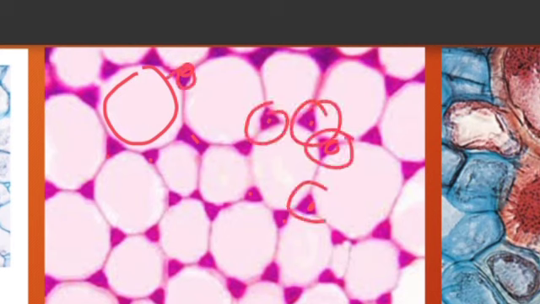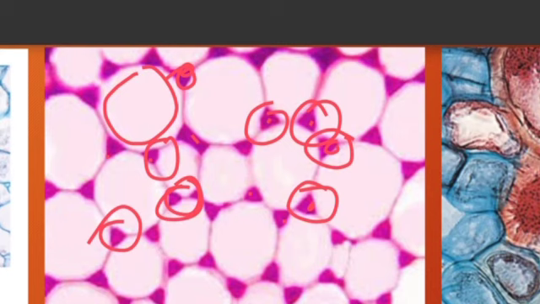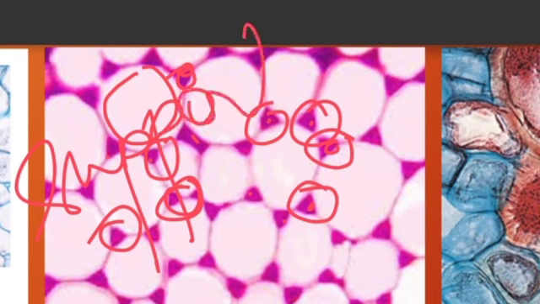These thickened corners are because of the deposition of pectin and cellulose, which are a type of carbohydrate or sugar that gets deposited in the corners. These cells provide support and elasticity to the plant. They are present in the stem region and in the leaf region as well.